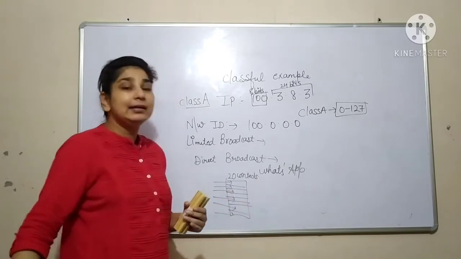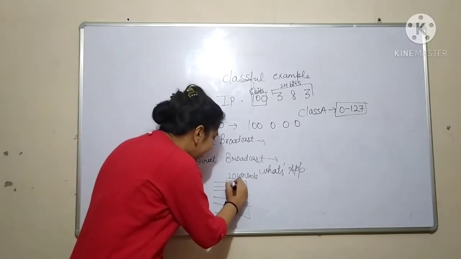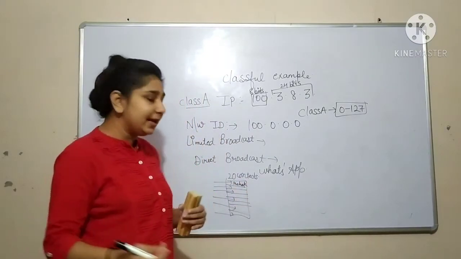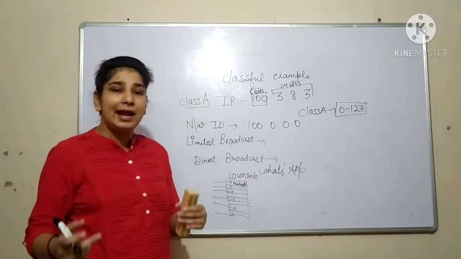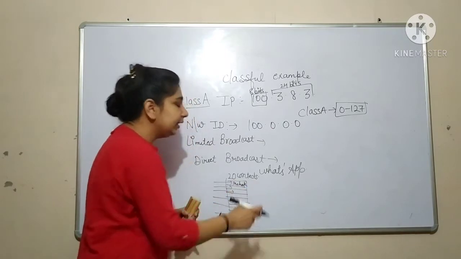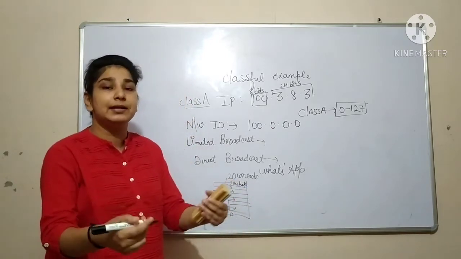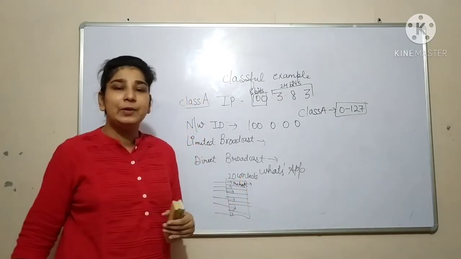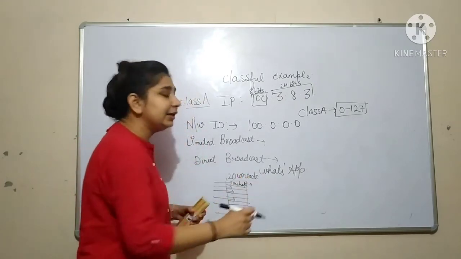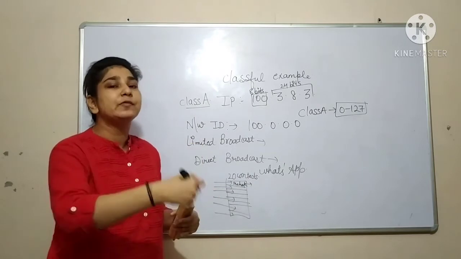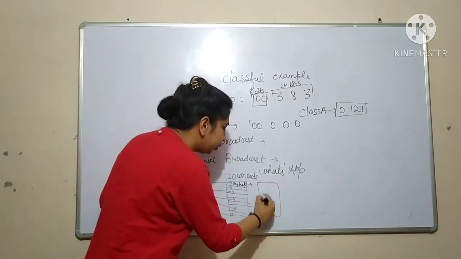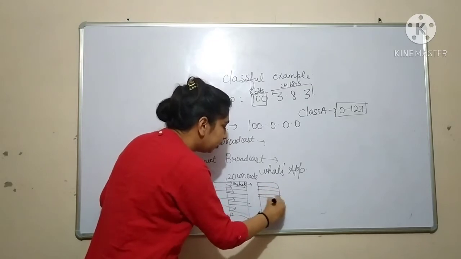Let's suppose I have a friend Mehak, and I say, Mehak, please forward my YouTube video link to all of your contacts further. So Mehak will send my YouTube video link to all of her contacts.